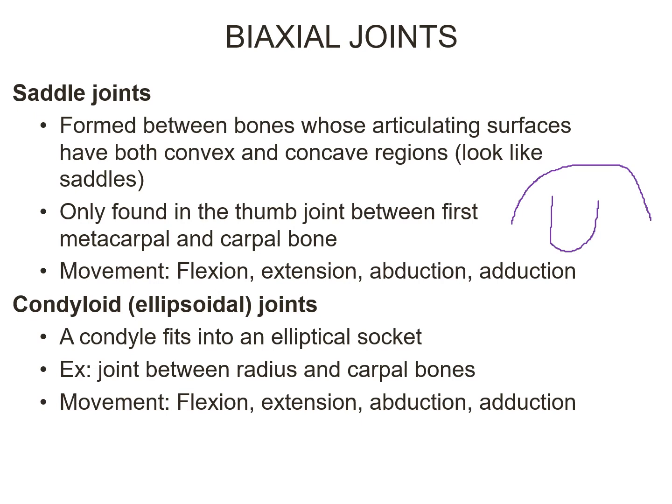But because of the shape, it can move in multiple directions. It can move kind of left to right, but it can also move this way as well. Versus a condyle, where we learned with the condyle and the fossa, if you have a fossa that's just an indentation, the condyle just fits right inside of that fossa like that, right?